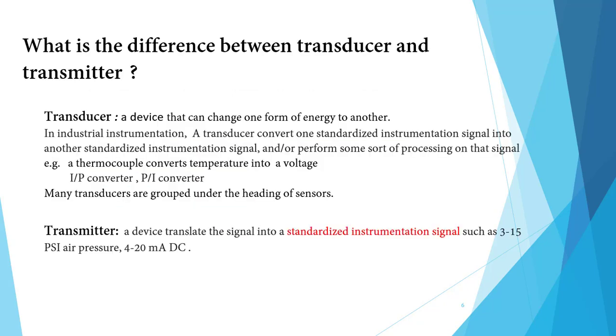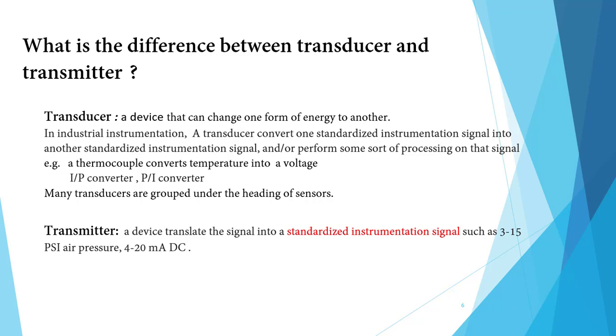What's the difference between a transducer and a transmitter? A transducer is a device that can change one form of energy to another. In industrial instrumentation, a transducer converts one standard instrumentation signal into another standard instrumentation signal.